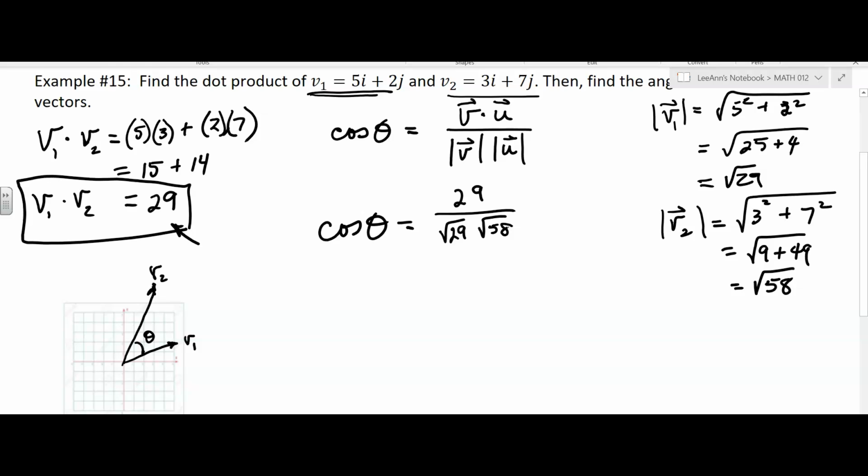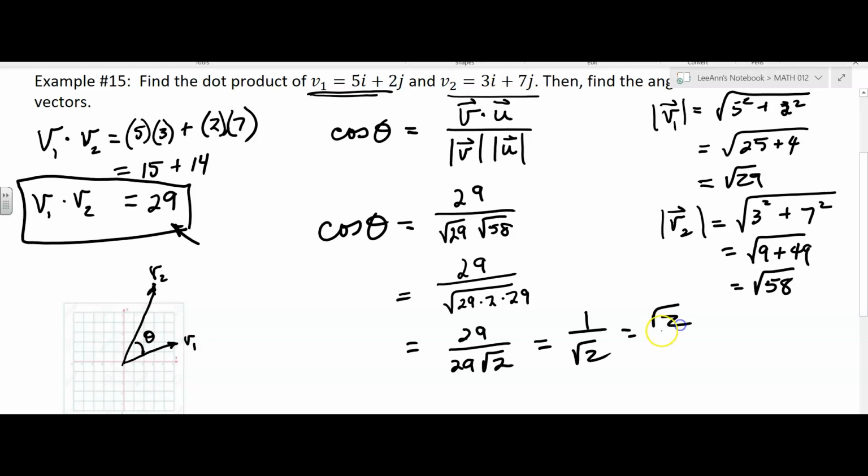Okay? Now, your textbook, they just put it in the calculator, which you can do, and a lot of times the numbers don't work out nicely. But in my mind, I'm thinking, well, I know 58 is 2 times 29, right? So I'm thinking 29 times 2 times 29, or 29 over 29 times the square root of 2, if you're simplifying that, and then you get 1 over the square root of 2, or the square root of 2 over 2.